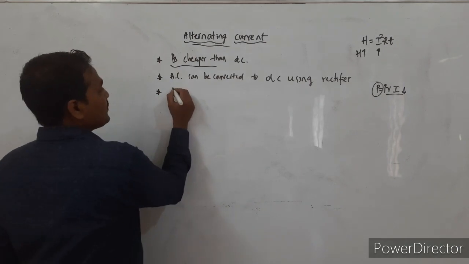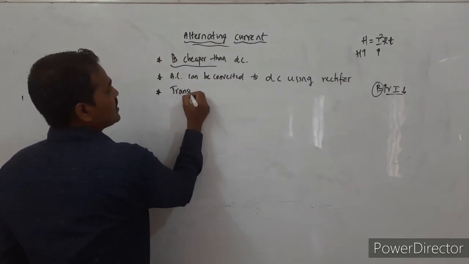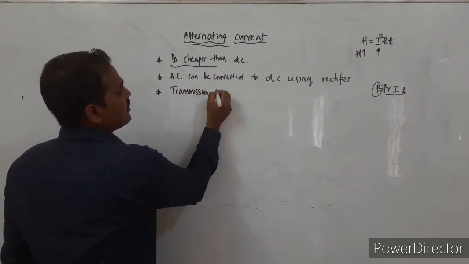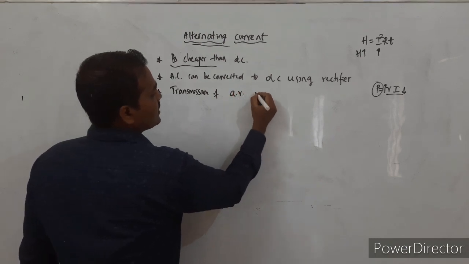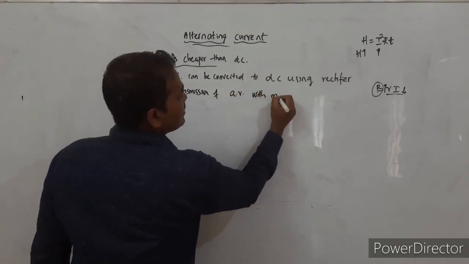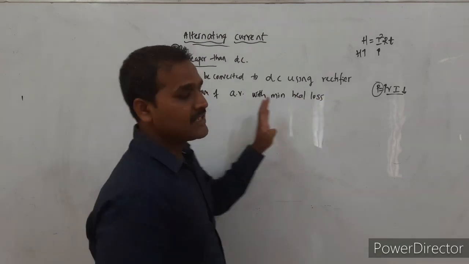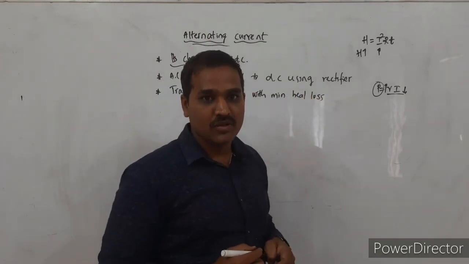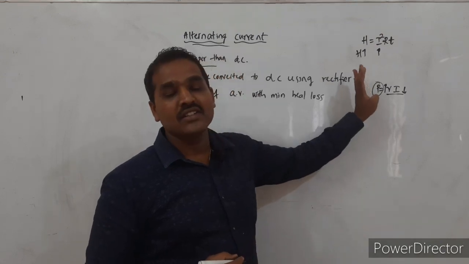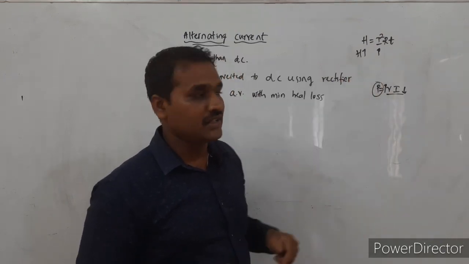So transmission of alternating voltage with minimum heat loss is possible using transformers. So we will avoid the loss of electric energy.